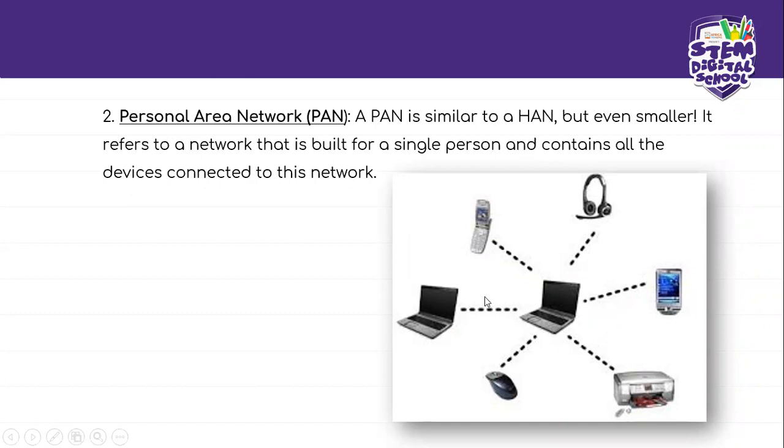And this network is only built for one person. And it contains all devices connected to this network.